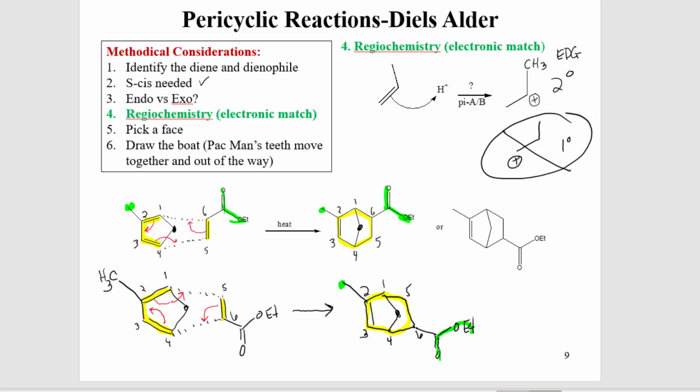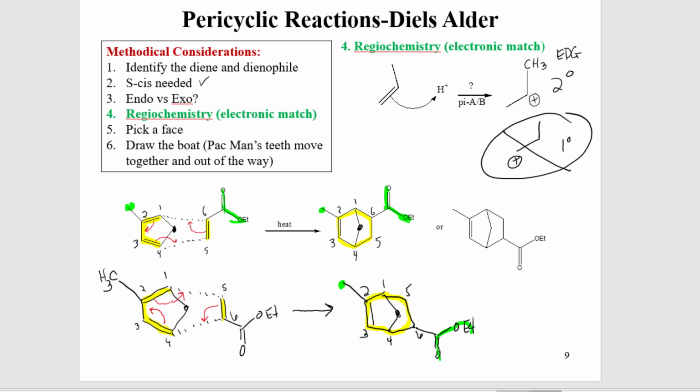Would you agree? Because it's the only site where you could form a tertiary carbocation. None of the other atoms, 1, 2, 3, or 4, if the pi bond breaks, there's no way you're going to form a tertiary carbocation.